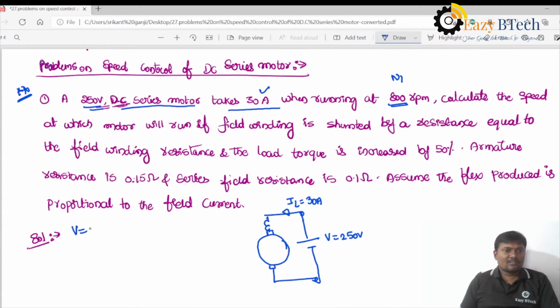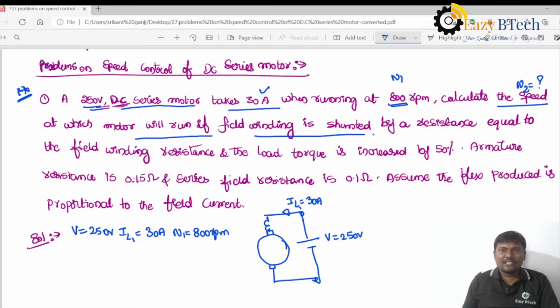So V is equal to 250 volts, the line current IL1 is 30 amperes, and speed N1 is equal to 800 rpm. Calculate the speed, so this N2 value is equal to how much at which the motor will run.